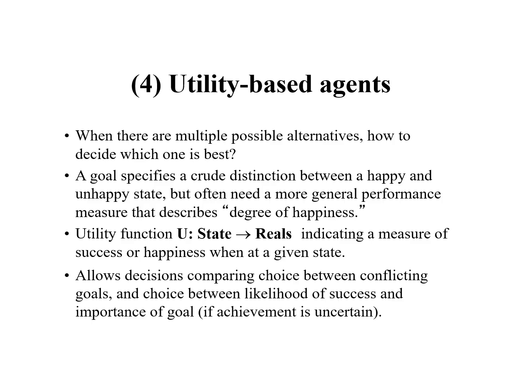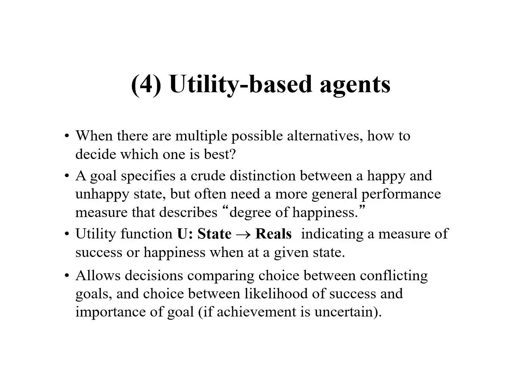Utility function U: state → reals, indicating a measure of success or happiness when at a given state, allows decisions comparing choices between conflicting goals, and choices between likelihood of success and importance of goals if achievement is uncertain.